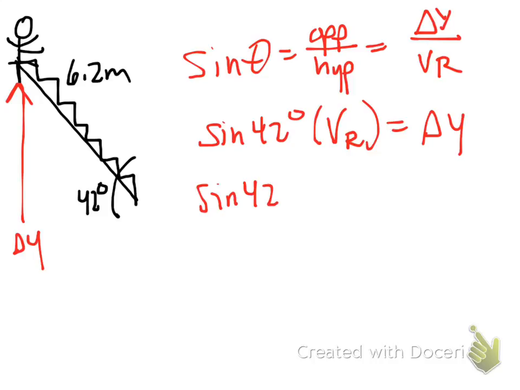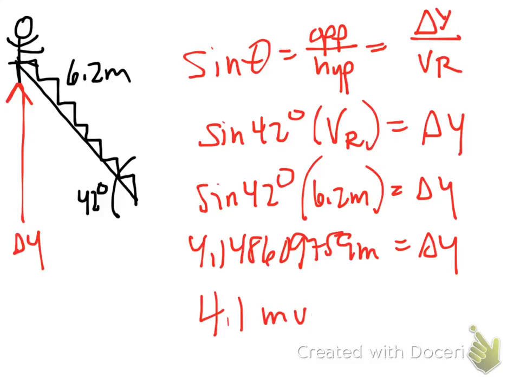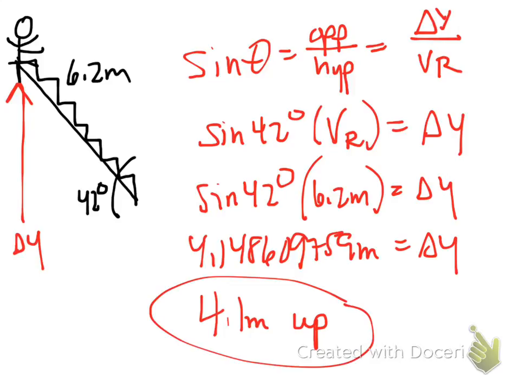Sine of 42 degrees times 6.2 meters equals delta y, so 4.148609759 meters is delta y. When we sig fig it all out, you're 4.1 meters up off the ground.